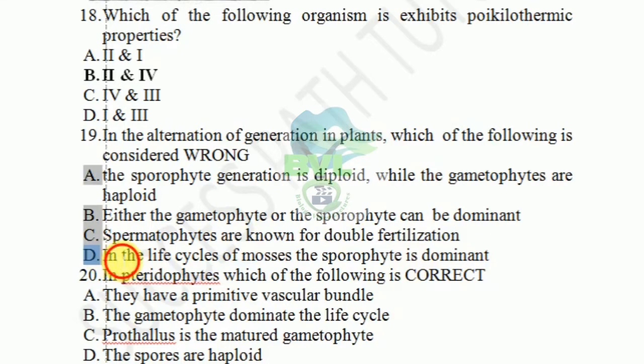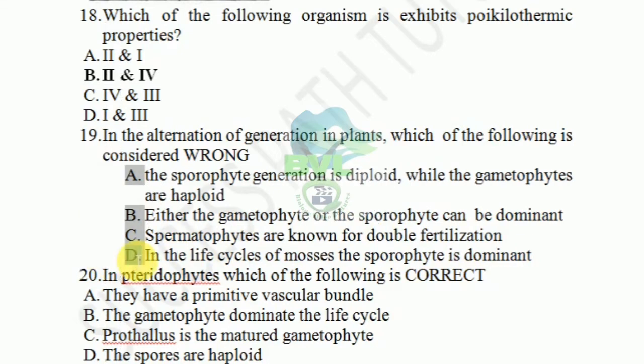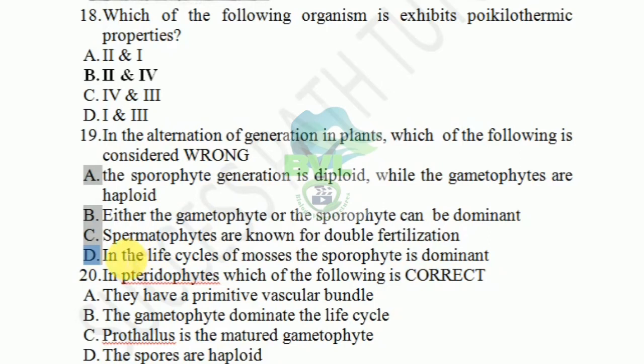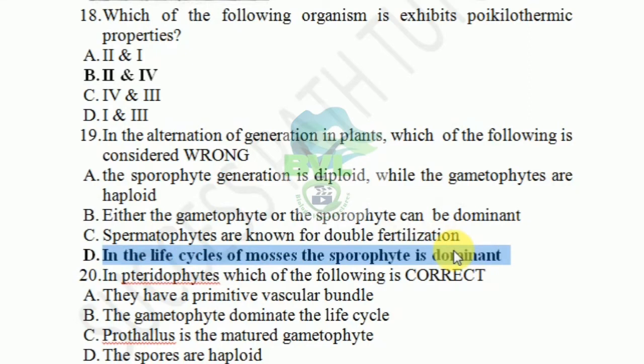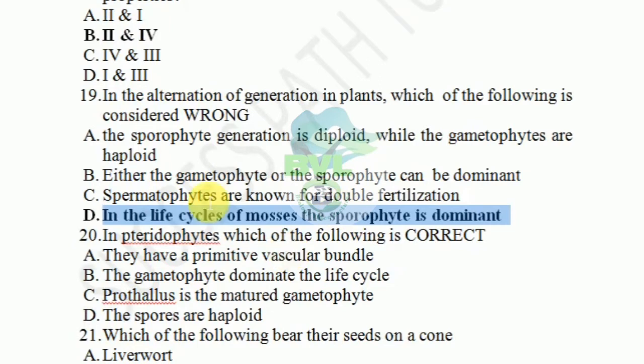It is the gametophyte that is dominant, not the sporophyte. It is the likes of pteridophytes that have sporophyte as their dominant generation, but for mosses, it is the gametophyte that is dominant. So every other option here is correct except for option D.